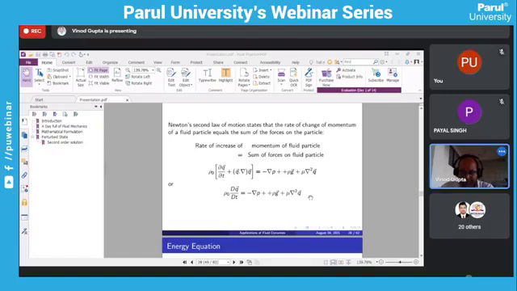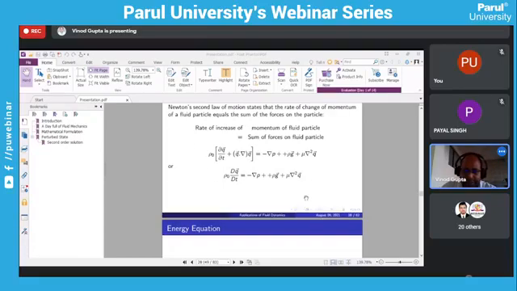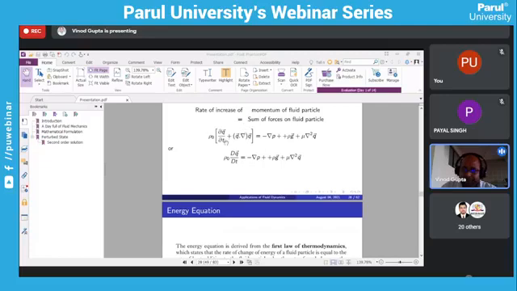So the Navier-Stokes equation will change according to the situation, what type of problem you have considered. The left hand side will remain the same; the only change will be on the right hand side, depending on the rotation and the electromagnetic forces.